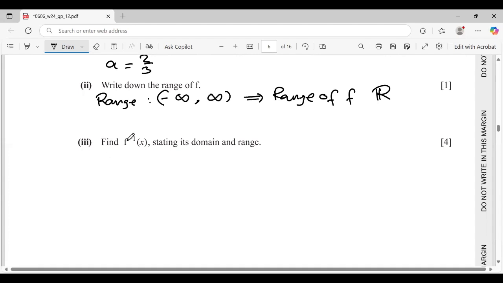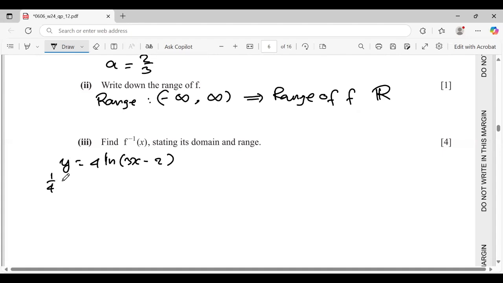Part 3, find the inverse, f inverse, stating its domain and range. So y = 4 ln(3x - 2).